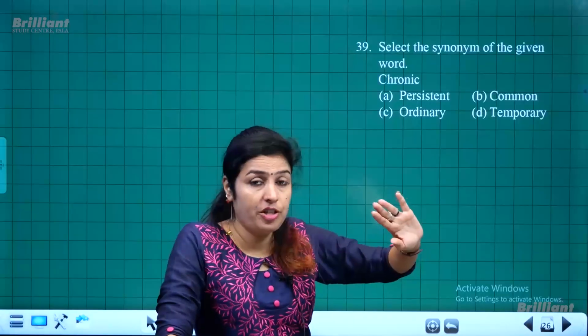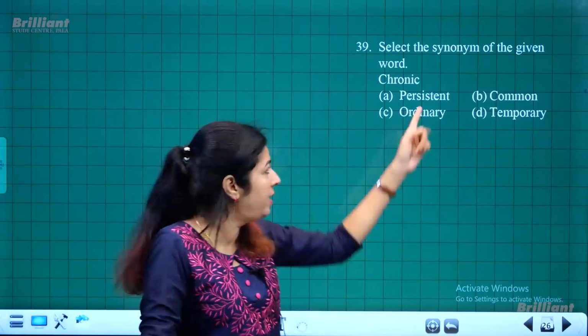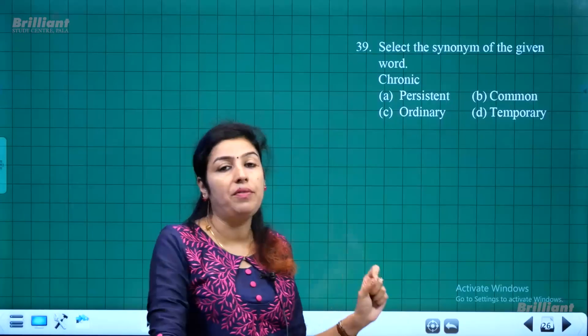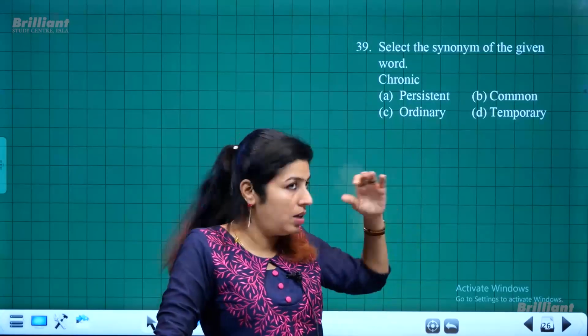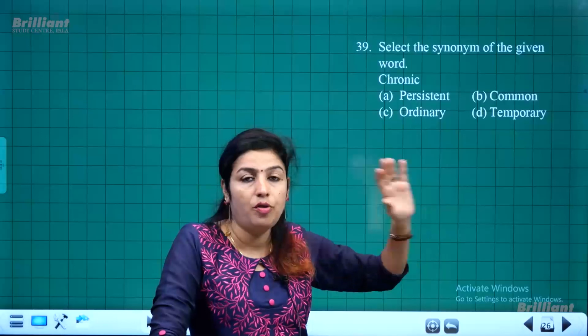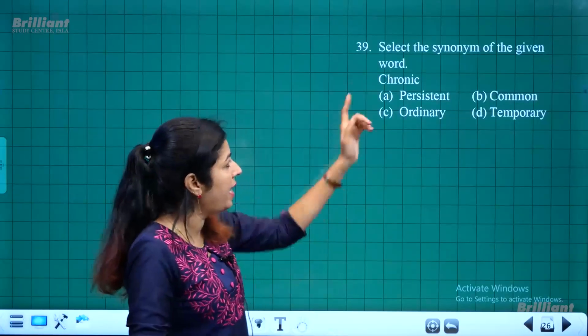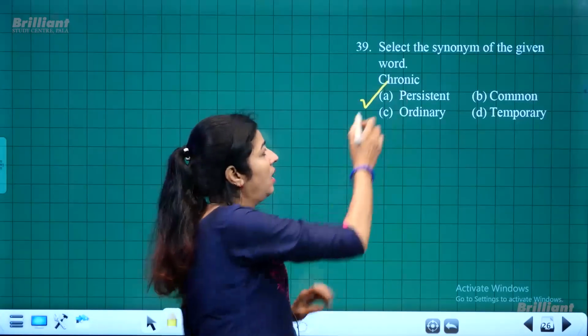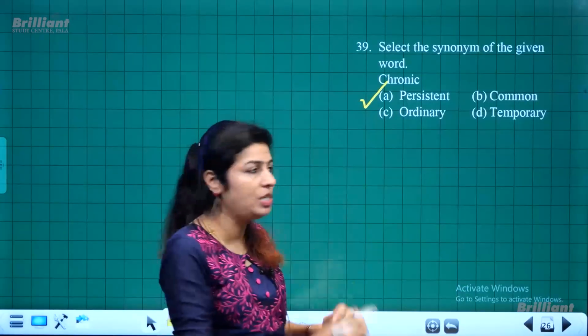The thing which lasts or continues or recurs very often, every now and then, you call it chronic. Sometimes in the case of some people, fever or cold is persistent or goes on for a long duration, every now and then. That state is called chronic, and the synonym for that is persistent, continuing, or recurring at regular intervals.